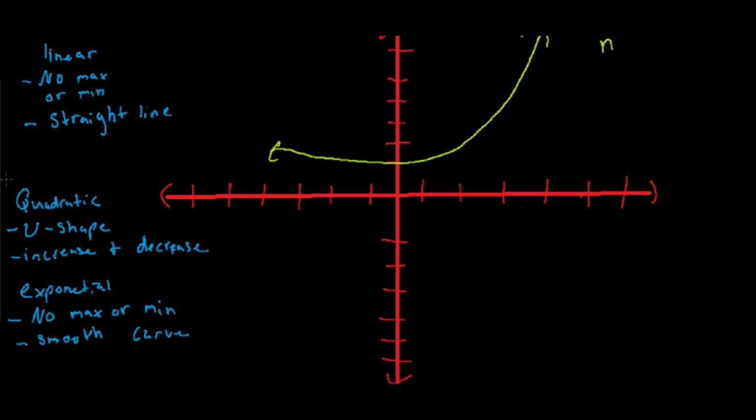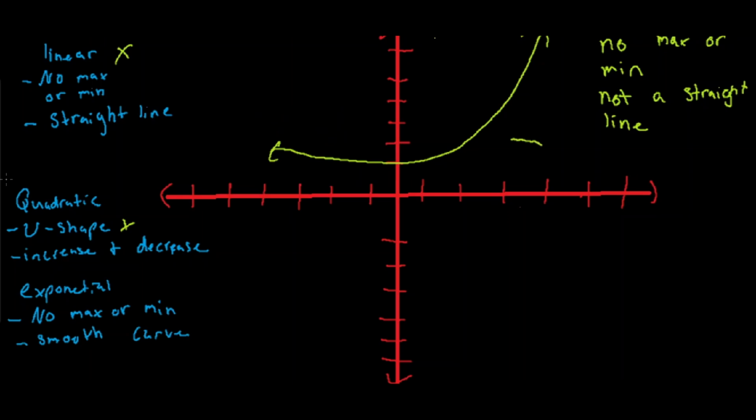This function has no maximum or minimum. And this function is not a straight line. This function is also not U-shaped. Let's try to imagine a square.